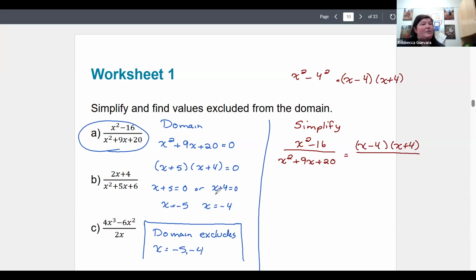And then we already did the denominator. We did it over here. So we know that turns into x plus 5 and x plus 4. We are going to lose part of our domain when we simplify. So that x plus 4 disappears, and our simplified form is going to be x minus 4 over x plus 5.